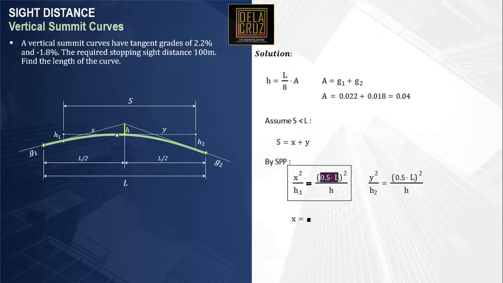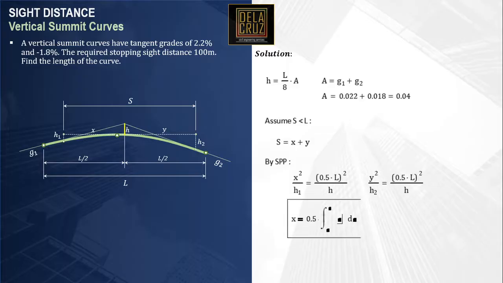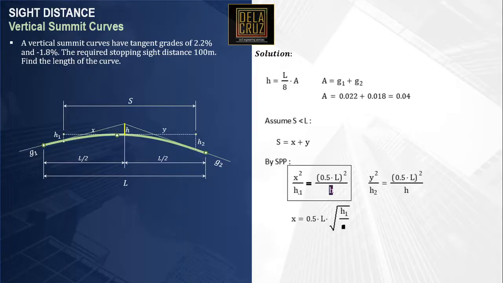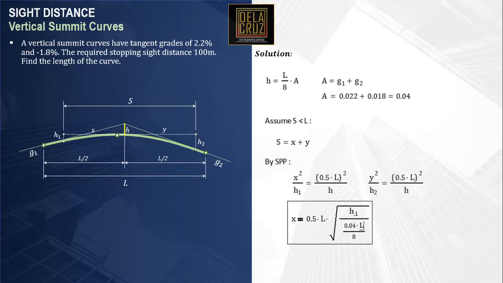Actually, we can just factor this out or bring that out, no? 0.5 of L, square root of that is H1 over this H. But this H is equal to L over 8 times A. And A is 0.004. So I'll just have this one as 0.04 over 8 multiplied, by the way, by that one. Okay? So this is the X expressed to L.